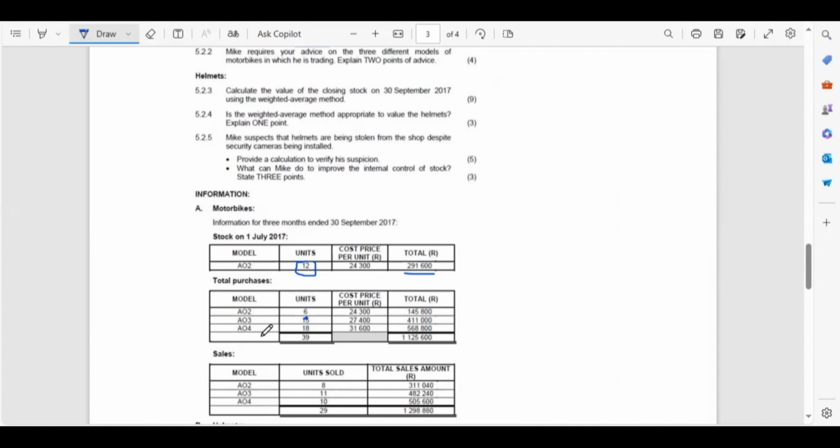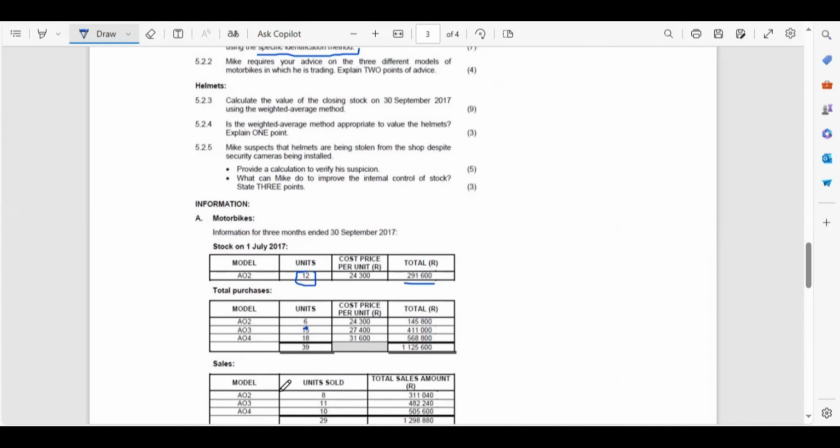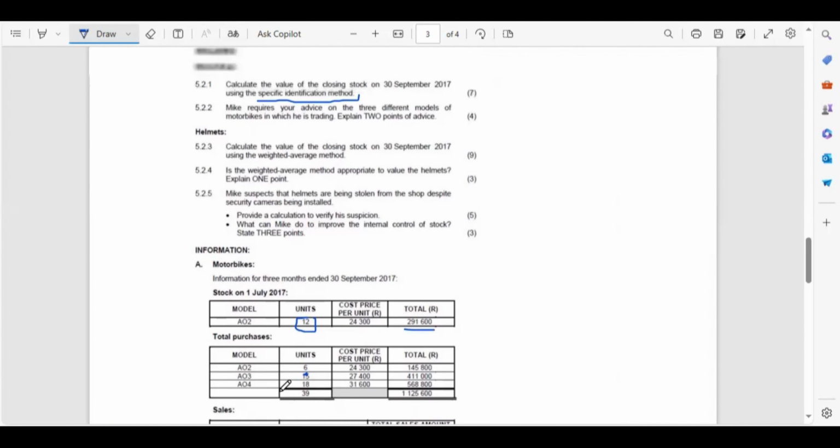So I think you should also stock more of the A04. Why? Because it has a higher gross profit and it's also the second selling model, right? It's also in demand after the A03. So it will be a good investment if they stock more of the A04 model. Now that's what I can advise Mike on, based on this information right over here.